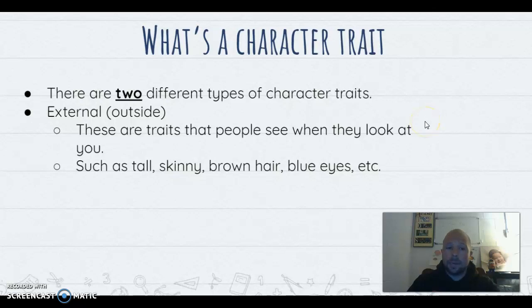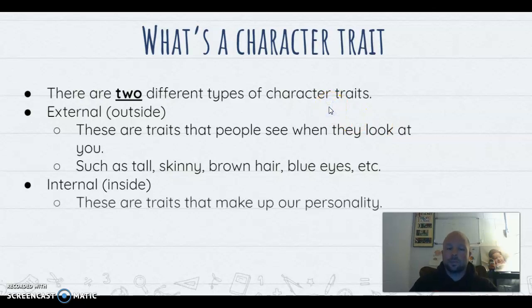Now, a couple examples of an external character trait would be something like tall, skinny, brown hair, blue eyes, etc. You can know that just by looking at someone, right? Now we have the second one, which is internal. That means your character traits that come from inside of you. Okay, so now the difference between the two is pretty simple.